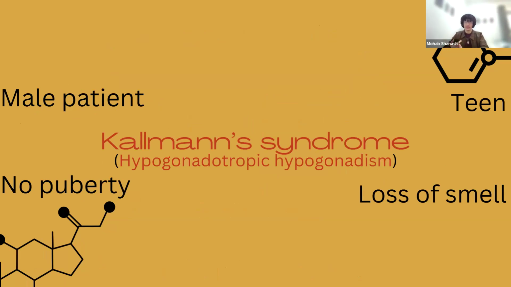LH and FSH aren't getting released from the pituitary, so hypogonadotropic. And then because of that, estrogen and testosterone are not getting released. Hypogonadism, okay, which basically means you don't experience puberty, your sexual organs may not be properly developed, and you may see this in an infant if their testes are undescended.